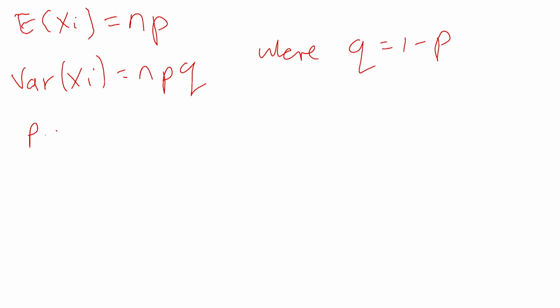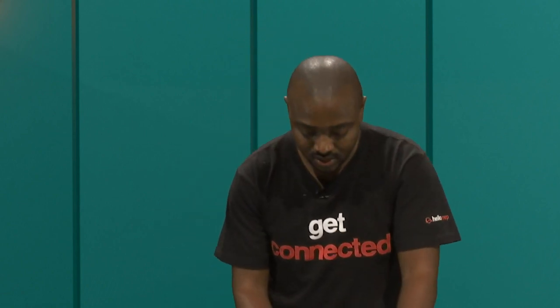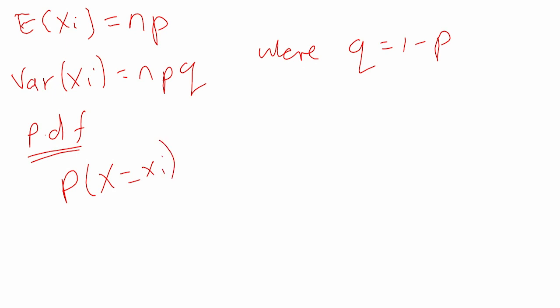Again, what is the PDF of binomial distribution? Remember, I said you can be asked in two ways. It's either you being asked to find the probability of equality or you're being asked to find the probability of inequality. The probability of equality, you use the PDF, right? This is the probability of success, xi, 1 minus probability and n minus xi, right?